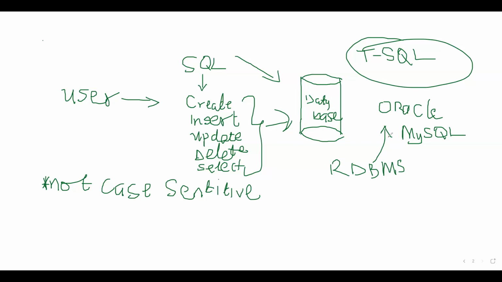So a table is a database object. This table is basically a collection of related data entries, and it consists of numerous columns and rows, like I explained to you earlier.